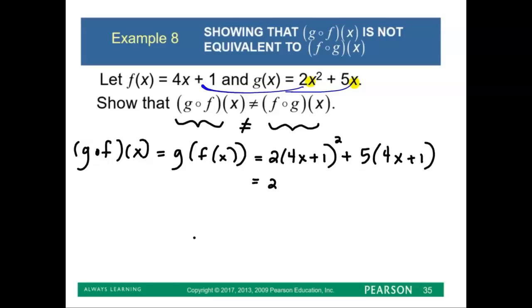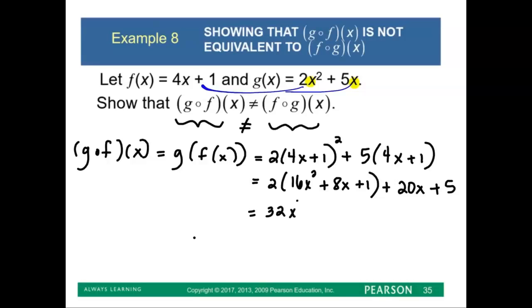We can simplify by expanding that binomial. So we'll have 16x squared plus 8x plus 1. We'll distribute our 5. So we have 20x plus 5. Now we'll continue simplifying.